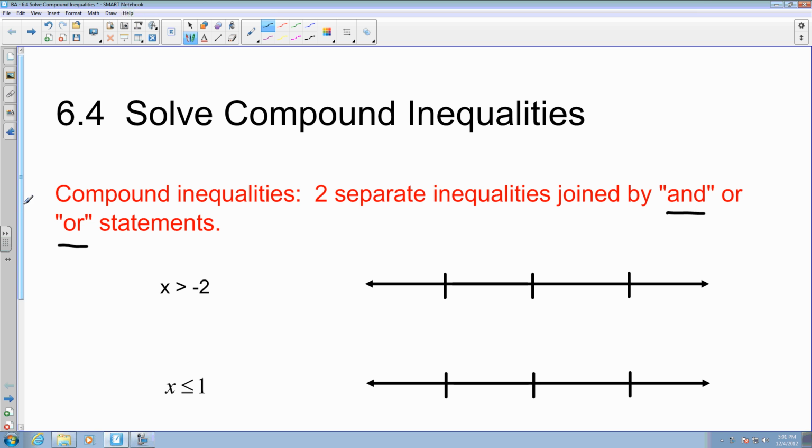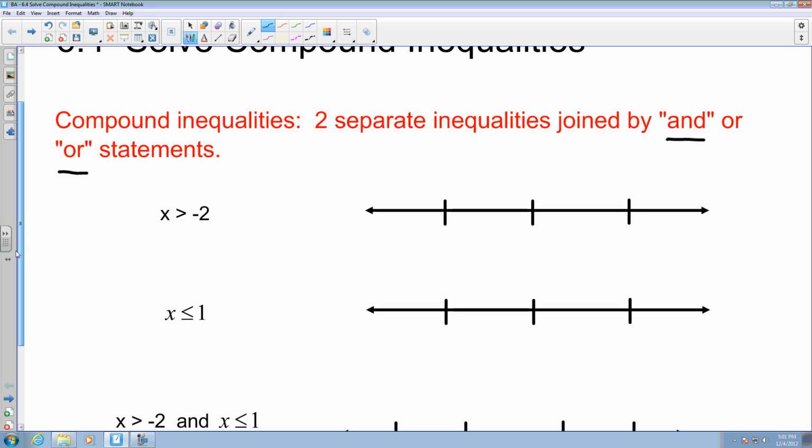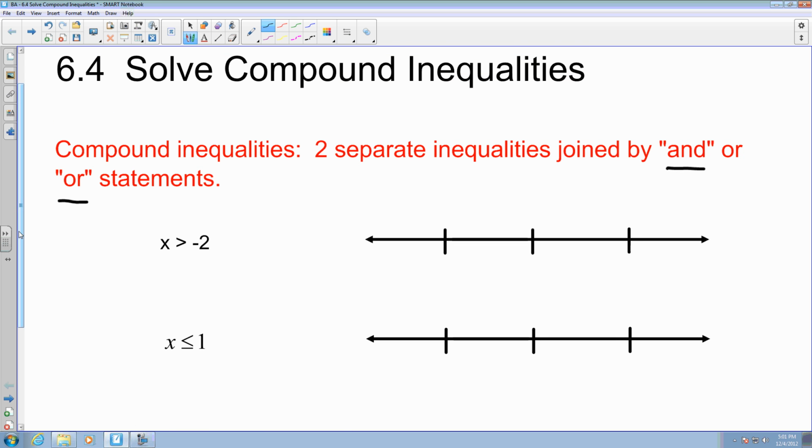Here's an example. Let's say that I have two inequalities here. I have x is greater than -2, and I have x is less than or equal to 1. If I were to just graph these separately, I have -2 here, I'll put in -1 and a -3.